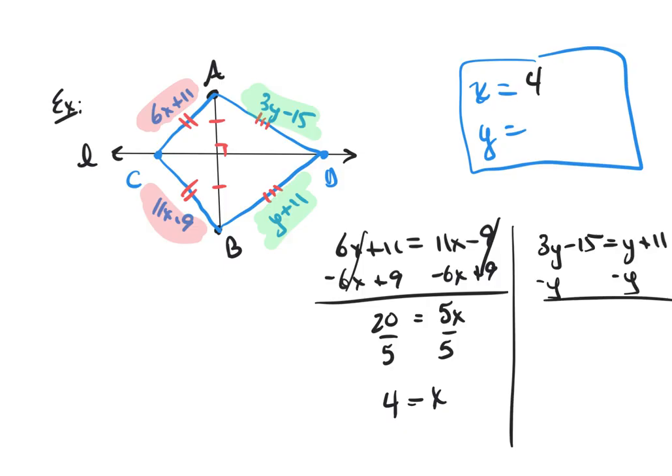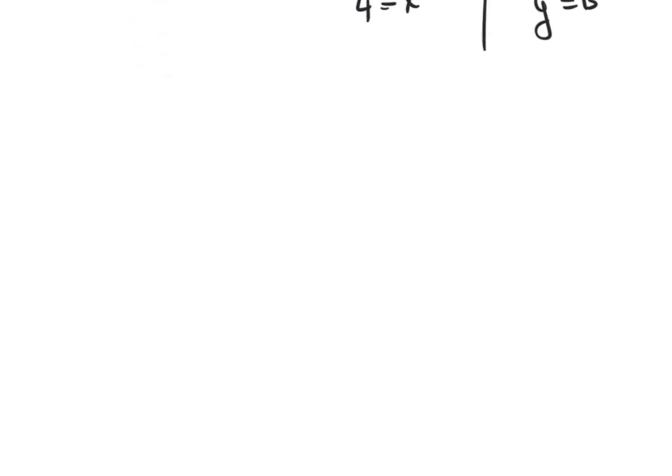Variables to one side, numbers to the other, get rid of the times 2 by division, and so y would be equal to 13. All right, so for the most part, the equations become fairly easy.